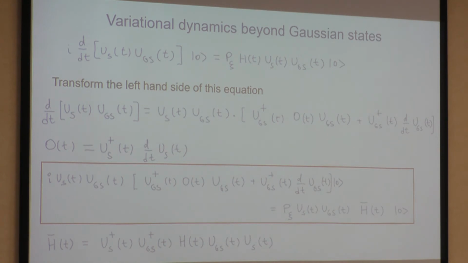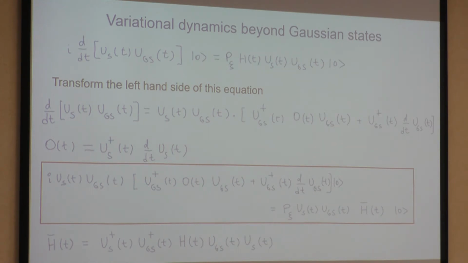Therefore, when we take the time derivative, obviously we generate the time derivative of the transformation itself. But we want to rearrange everything in such a way that when I calculate the time derivative, I still have the same type of polaron transformation and Gaussian on the left and also time derivatives on the right, acting on the vacuum state.